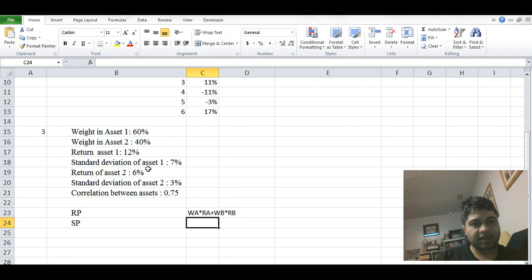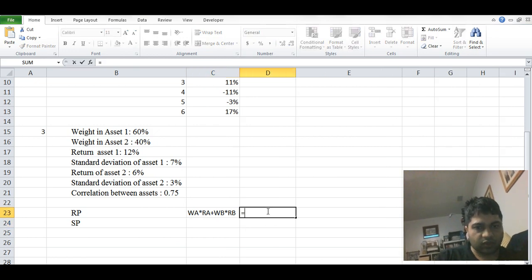So the weight of asset A multiplied by the return of asset A plus the weight of asset B multiplied by the return of asset B equals 0.6 multiplied by 0.12, that is weight of asset A multiplied by return of asset A, plus 0.4 multiplied by the return of asset B, 0.6.